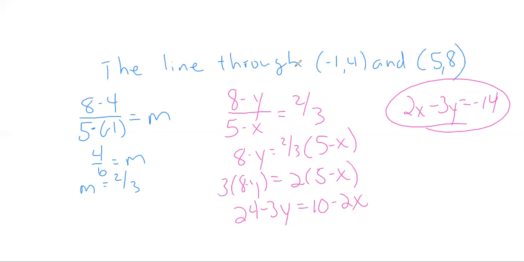Okay, so let's clear that one. And now we're going to move on to the next one. I need the equation of the vertical line through -5, -7. Now I want you to think about a vertical line.